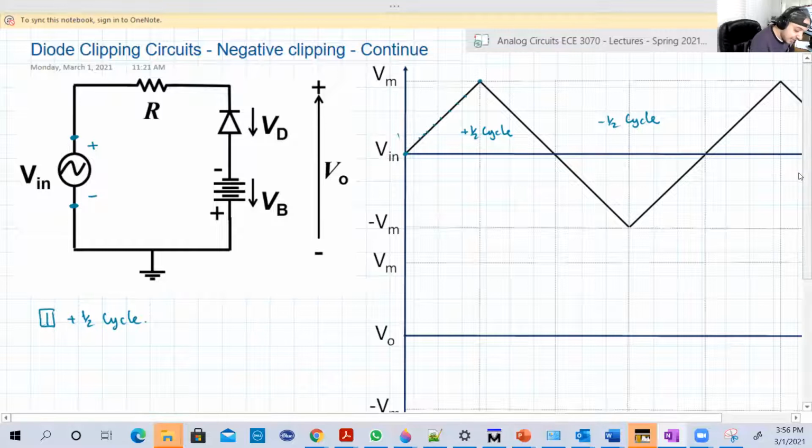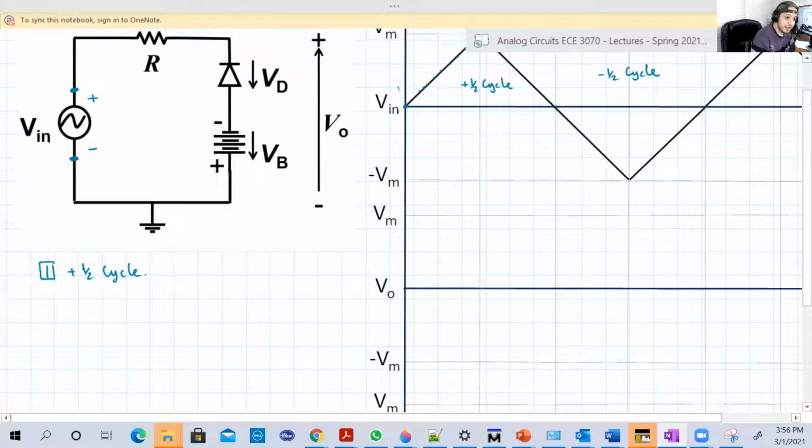So basically, this input can be changed into a battery like this, although its value is changing all the time. And we can represent the circuit in that way.